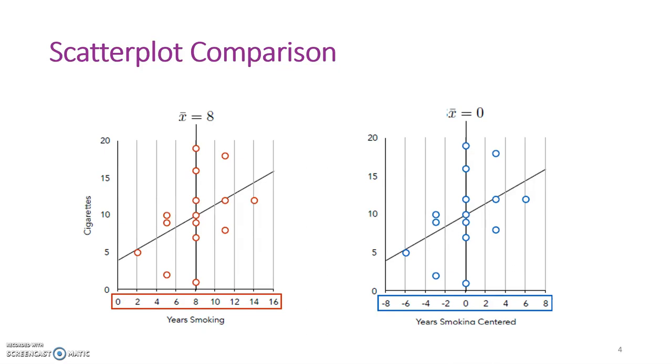Now if we take a look at the scatter plot on the right, when we've centered the data, all that has changed is the scale of the x-axis. So now the mean of x is equal to 0, and that actually indicates average number of years smoking in the sample. And if we look at the plot comparison, each point looks the same. So it's not changing the regression slope or the relation between x and y, it's just changing the scale of x.